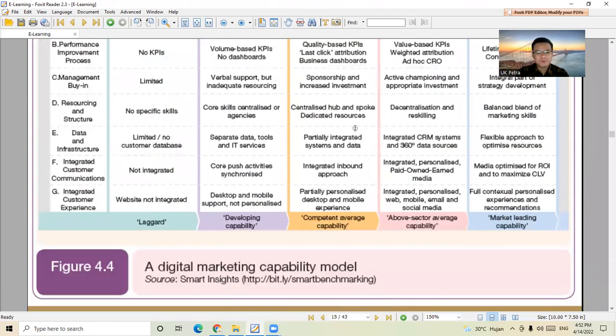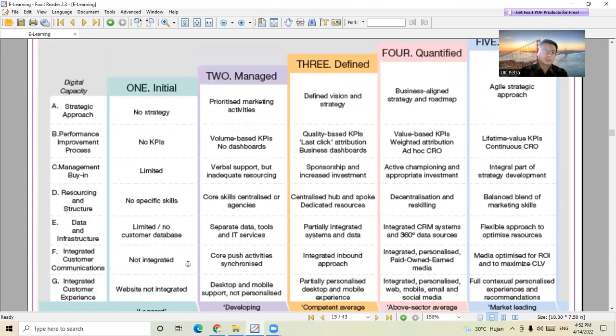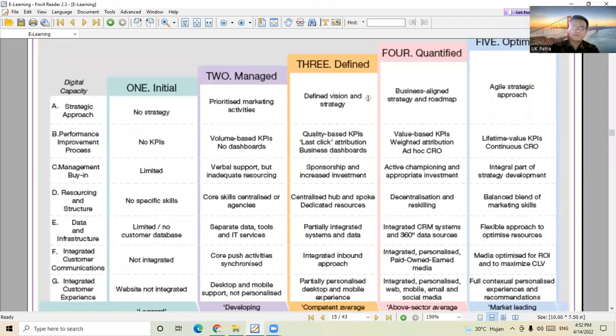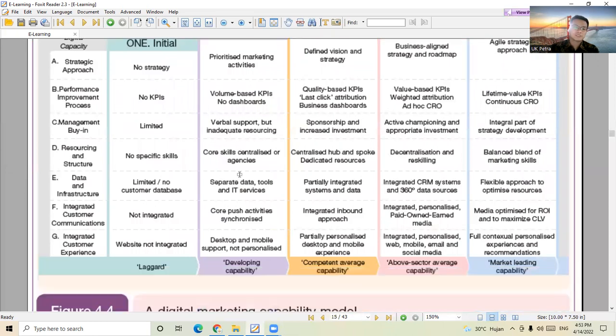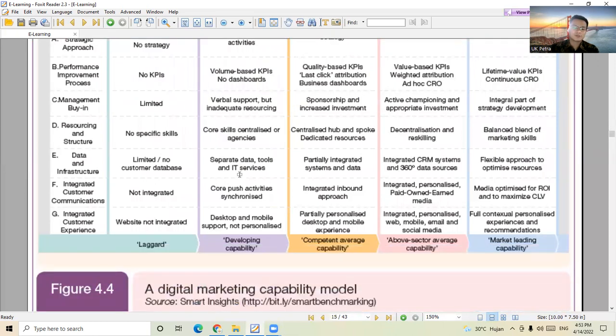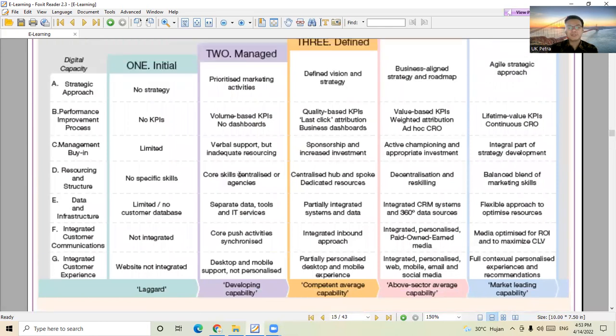In figure 4.4, Smart Insights provides what we call a digital marketing capability model. As we can see from the picture, there are 5 stages for companies with regard to their digital marketing capabilities.